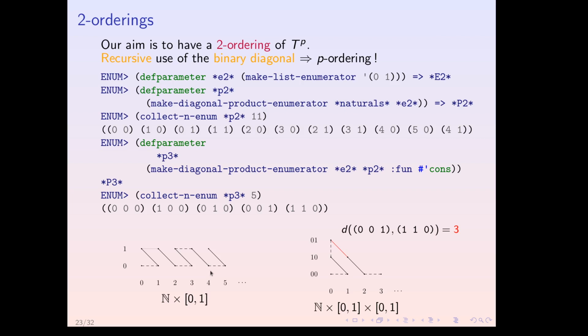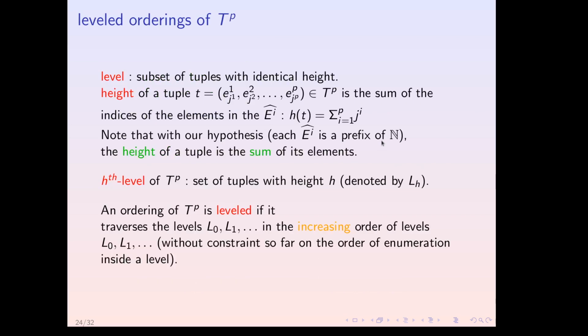This one is a 2-ordering because it's binary, but if I combine it and multiply it here by this other enumerator, then I will obtain here a step that has distance 3. This is this red step here when we go back here. And it's possible to show that if we have p enumerators, this recursive use will give a p-ordering and not a 2-ordering. So to achieve a 2-ordering, we need an additional notion, which is the notion of level.